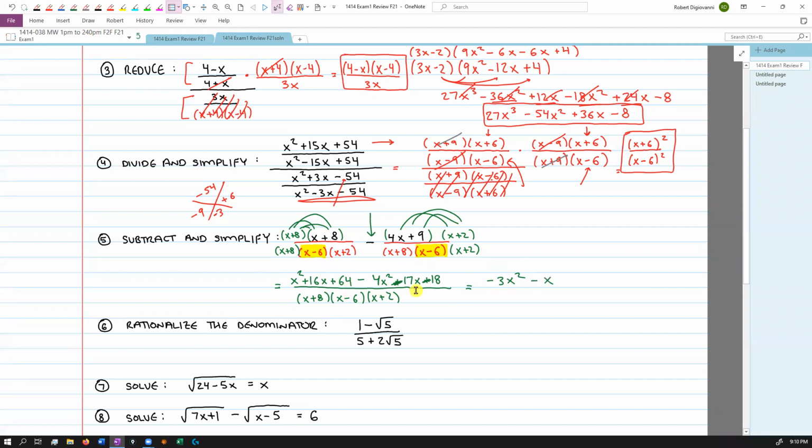And then 64 take away 18. Let's see, if we took away 20, it'd be 44. So 46. 46 right there. All of that over our common denominator, which would be x plus 8 times x minus 6 times x plus 2.